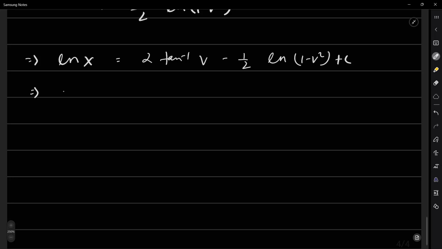So ln x plus 1 by 2 ln 1 minus v square is equal to tan inverse v.